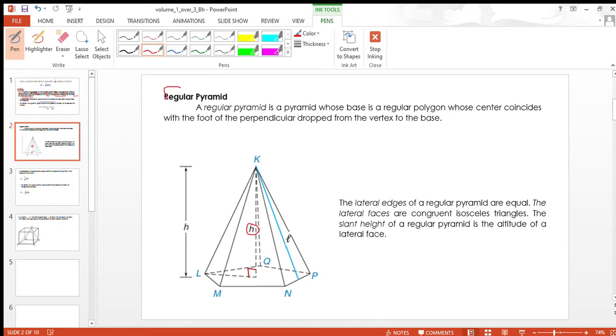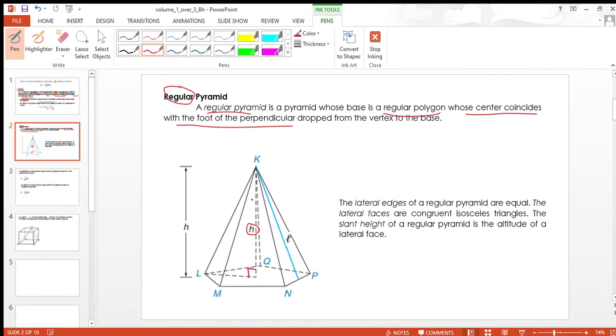And we also have what we call a regular pyramid. So what's the difference of a regular pyramid? A regular pyramid is a pyramid wherein the base is a regular polygon. So what's a regular polygon? It's a polygon wherein the lengths of the sides are all equal, and whose center coincides with the foot of the perpendicular dropped from the vertex to the base.